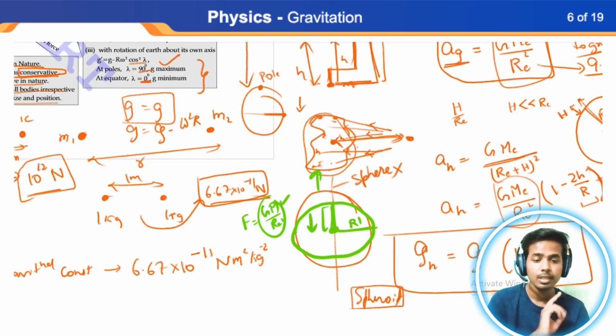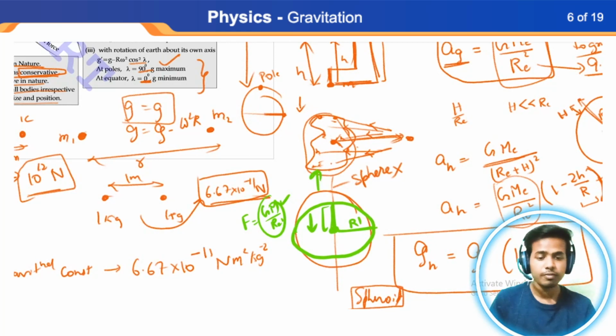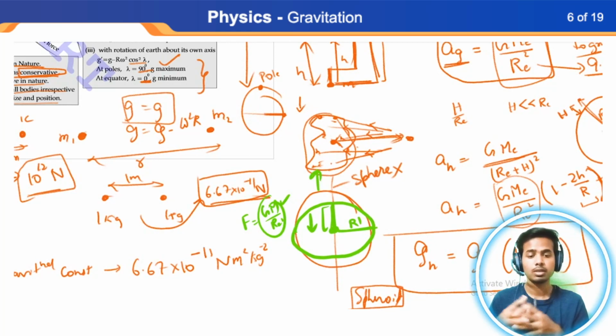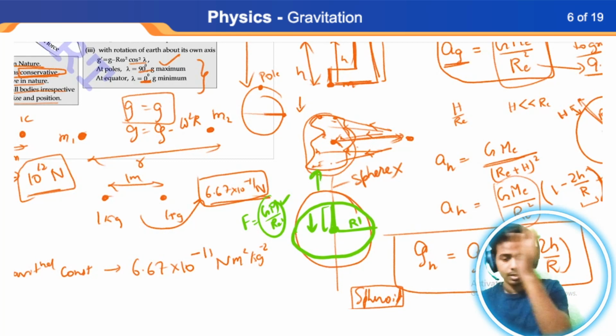So that's why there are two reasons for the poles having slightly higher gravitation than the equator. One, the rotation of the earth first of all, which leads to centrifugal force.